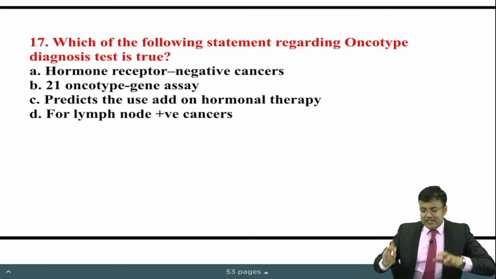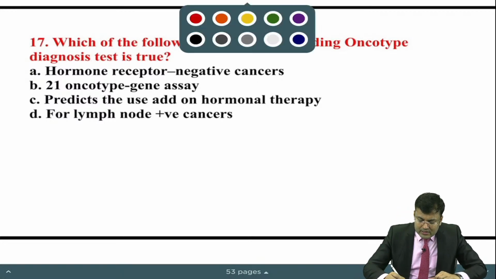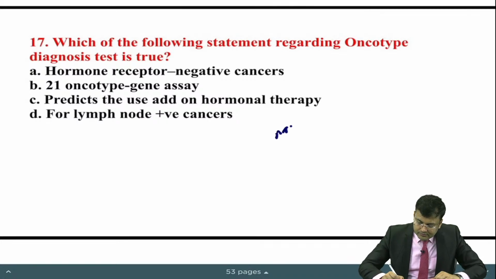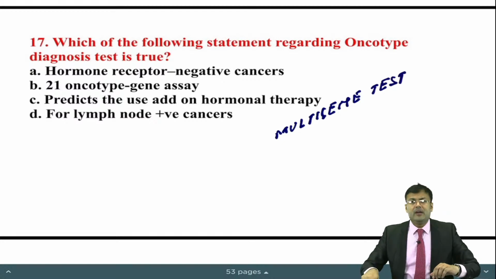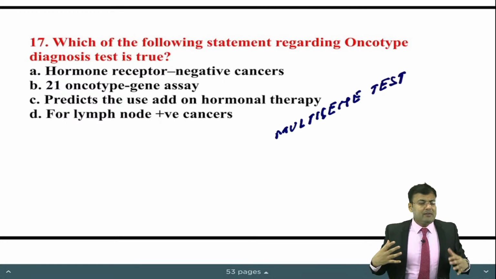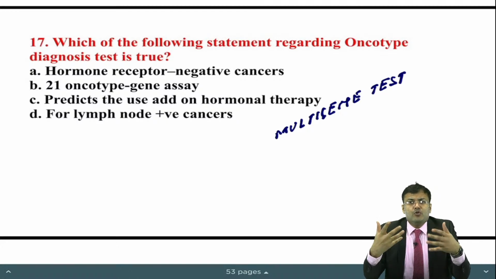Now what is multi-gene test? It's very easy to understand the concept. Have a look. Multi-gene test. So the term is self-explanatory. If there is a young female having newly diagnosed breast cancer, I am going to do the biopsy. On the biopsy specimen, I am going to see the expression of multiple genes.